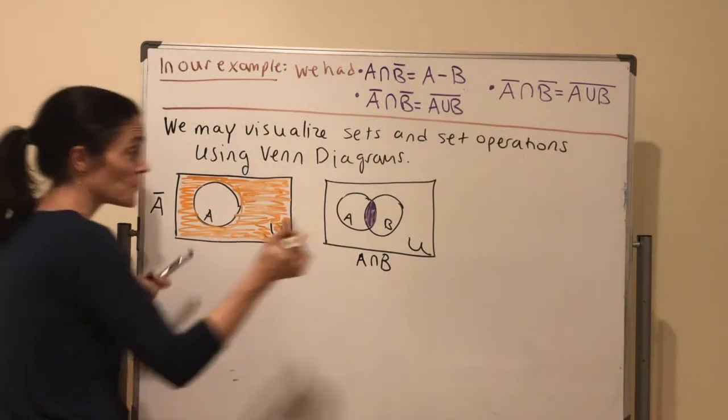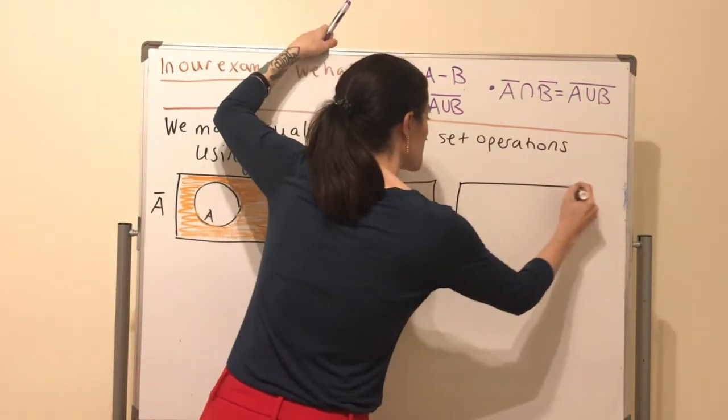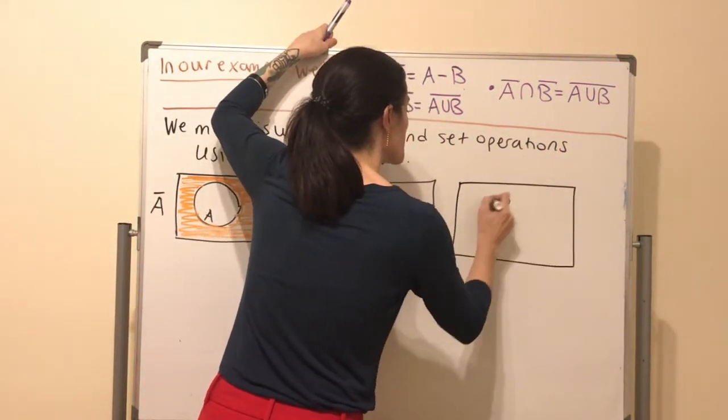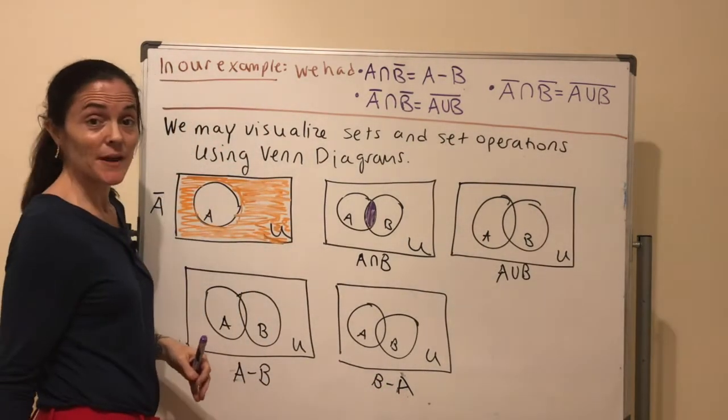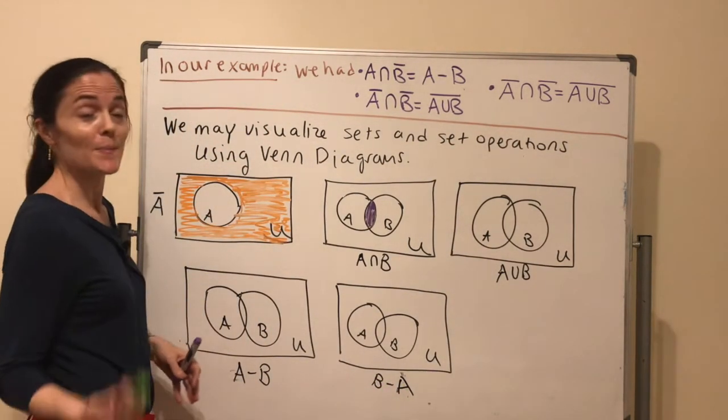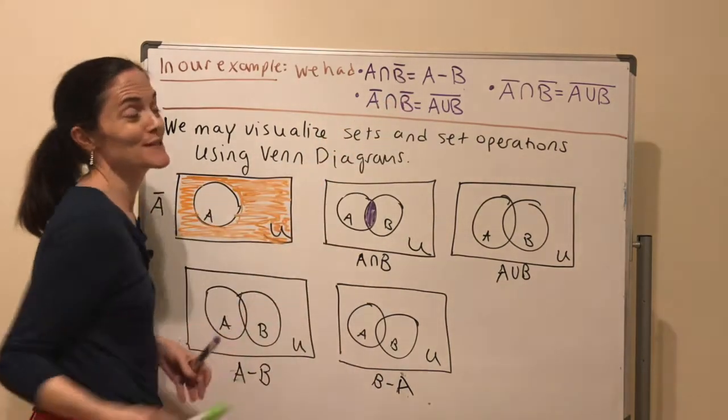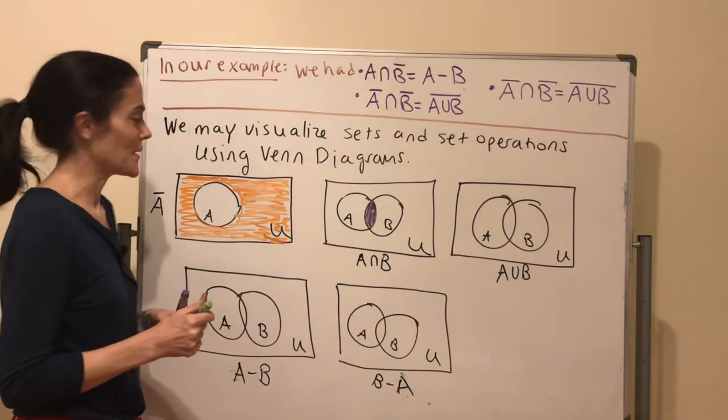And we can do more. In fact, I will do the operations we have discussed. Let's see the Venn diagrams for these other set operations, then I will return to these 3 purple equations.